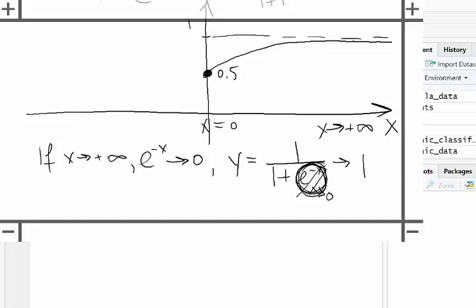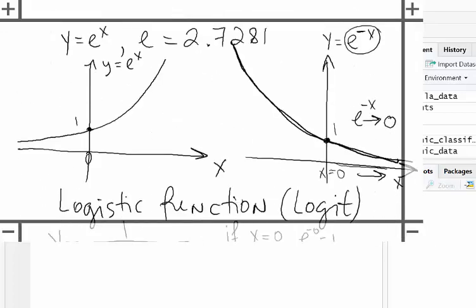Let me go back to this graph. What happens if x goes to minus infinity? E to the power minus x goes to plus infinity. It becomes very high; the function grows really quickly.